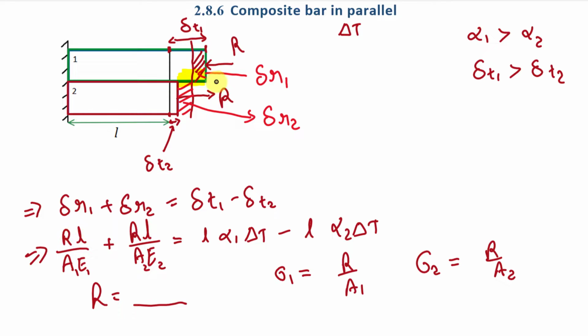Fine. Now once you have the value of stress, you have to take the stress in body 1 as negative, because the reaction in body 1 is compressive. So there will be compressive stress in body 1, and the reaction in body 2 is tensile. So there will be tensile stress in body 2. So we will take this stress as positive. Fine. So I hope that you understand how to find the value of thermal stress in this type of case.